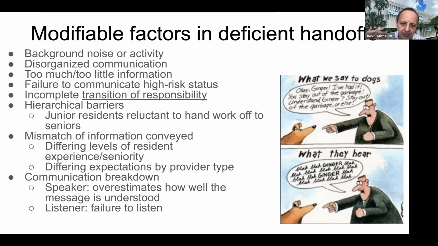I know it sounds kind of cumbersome, so why do we have to repeat the information? It's because of what's going on in this cartoon. If you tell a dog all kinds of instructions, they may not understand what you're saying. Unless that person can recite to you that they understood the gist of what you said, your communication is not effective.